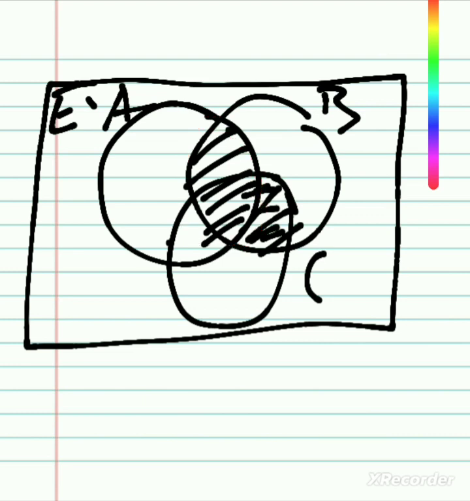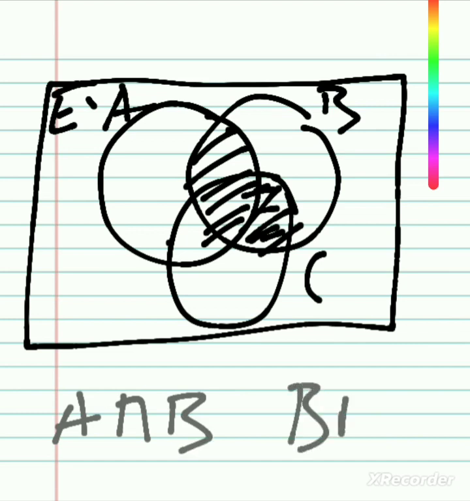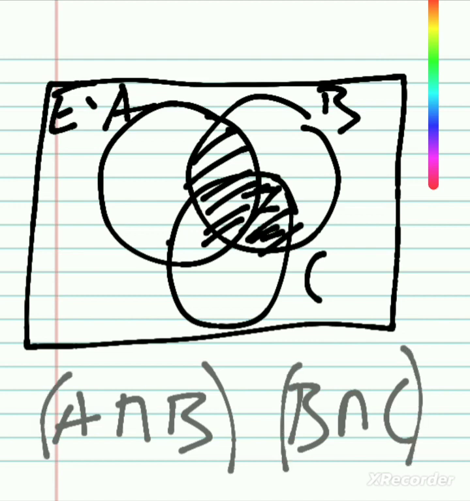There's also B intersect C here. So you can see that there's A intersect B and there's B intersect C. Now how do we put them together? We just put the sets we have identified in brackets and put union. That is how to handle it when you have identified two sets and you see that this set is shaded and this other set is shaded. To put them together, you use union.